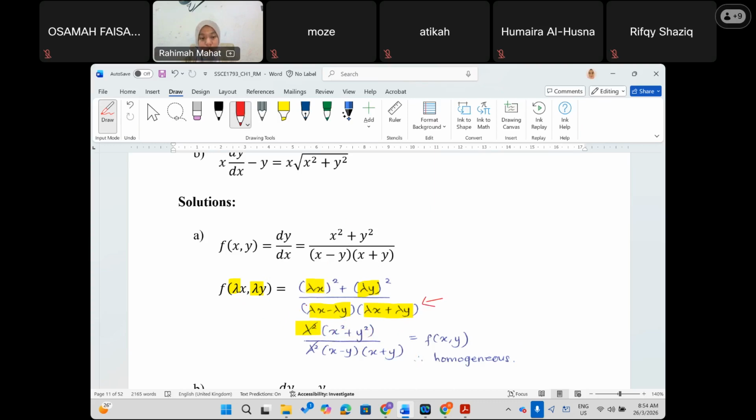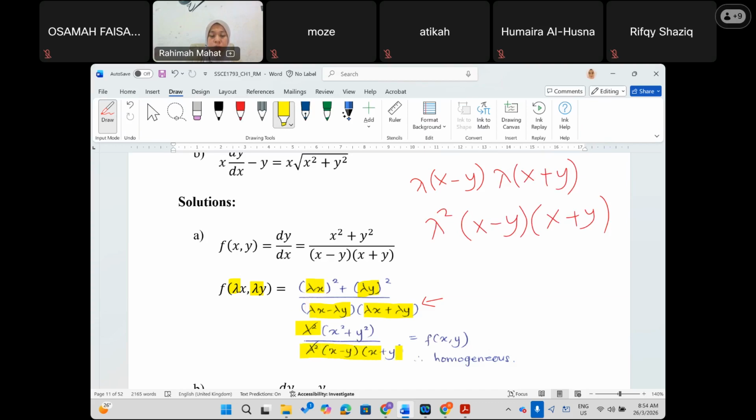Because this one is lambda, you take out, you do the factorization, you will get lambda x minus y, and the second part also, lambda x plus y. So lambda times lambda, you get lambda square, x minus y, x plus y.